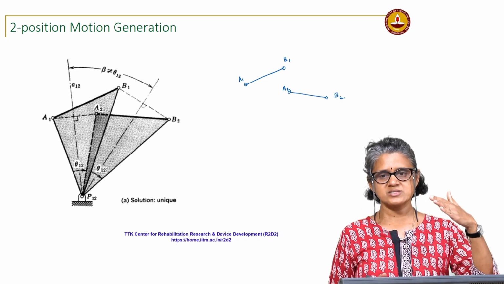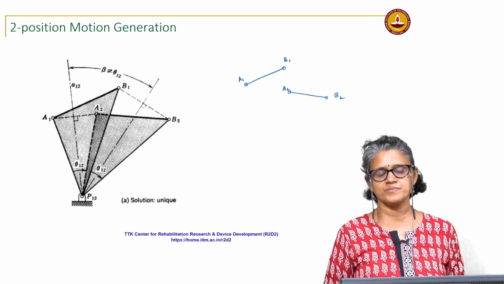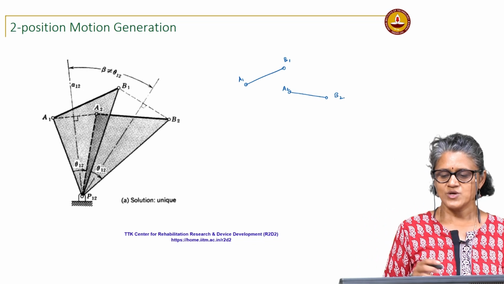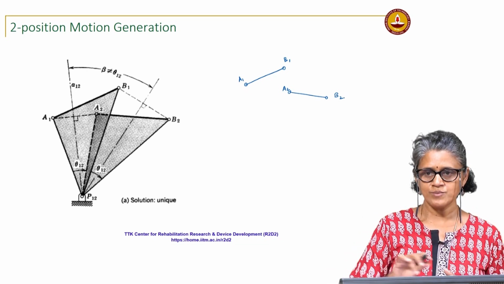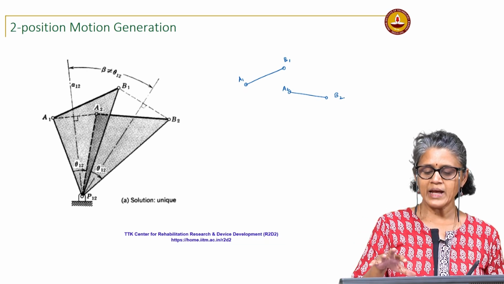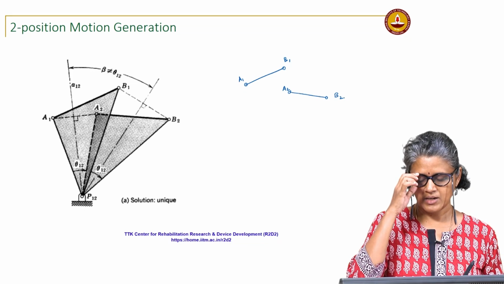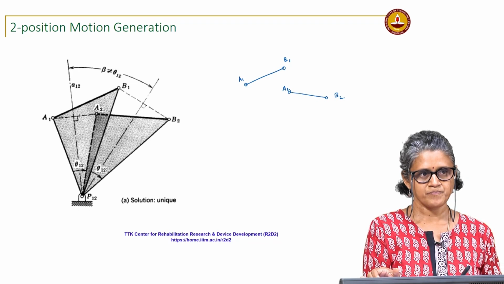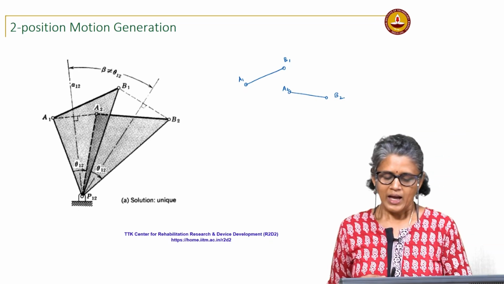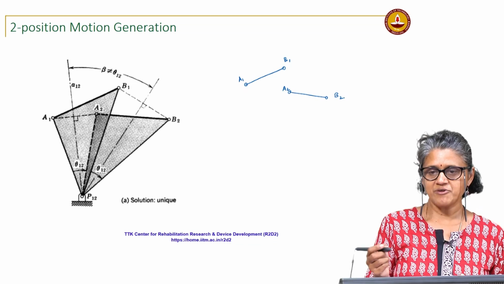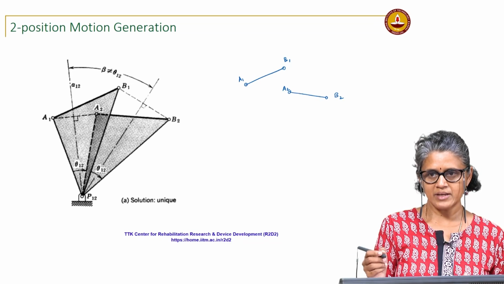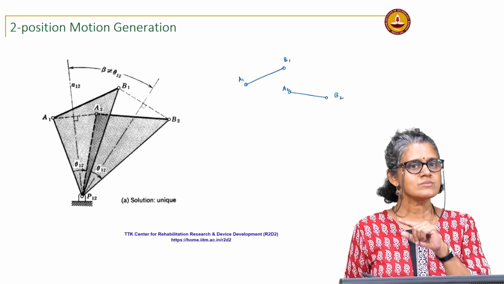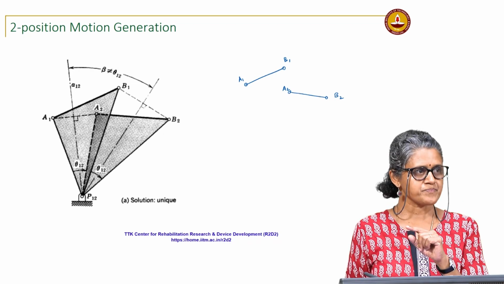I want it to attain this position first and then move to this position. If I look at these 2 positions of a rigid body, I can actually identify a point on the plane for which that position does not change for the 2 positions of the rigid body.